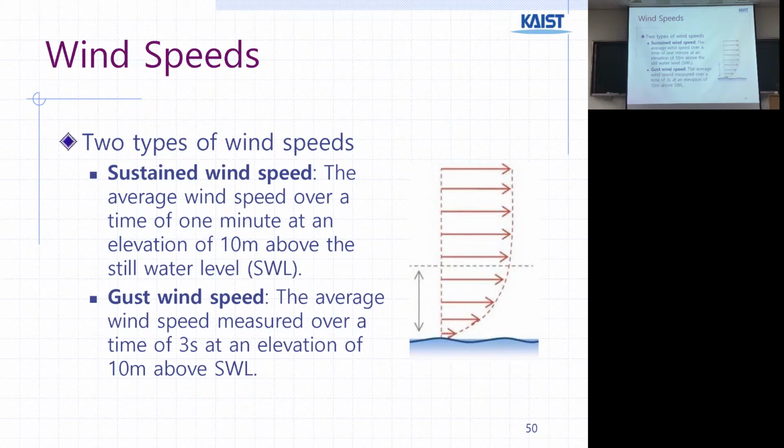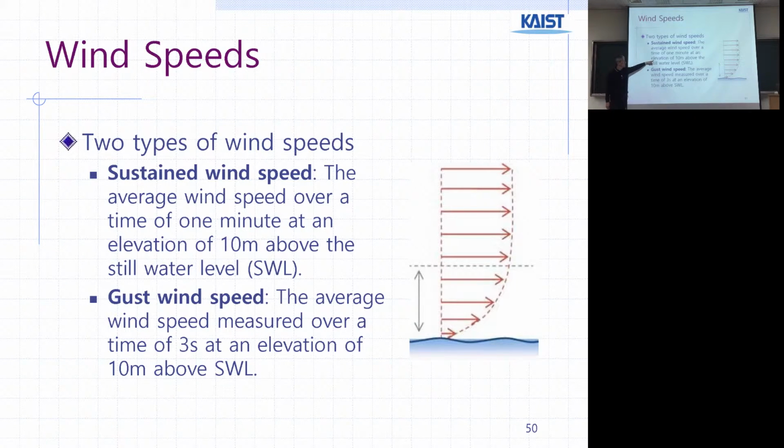And the design condition was 9 meters per second of wind speed. Right? 9. So the design speed is there. It can be a sustained wind speed, average wind speed over time.